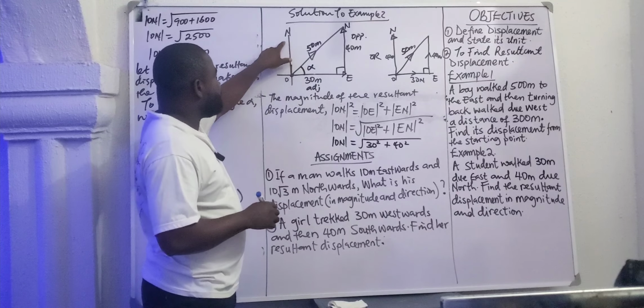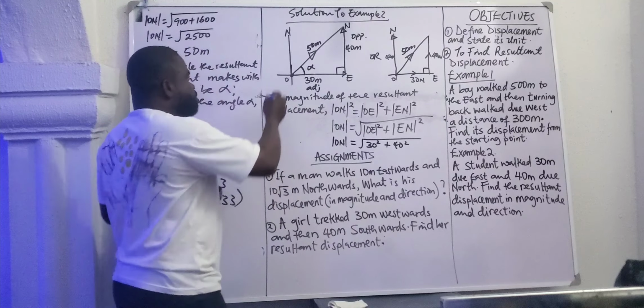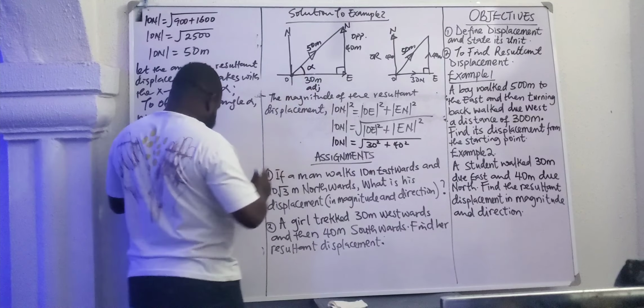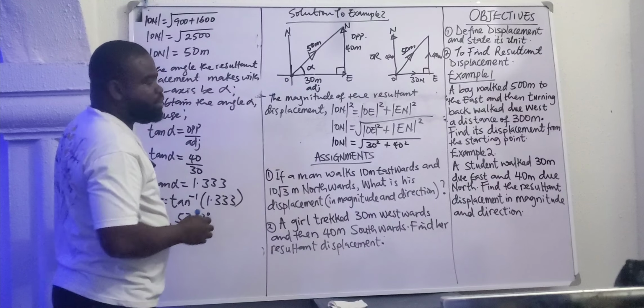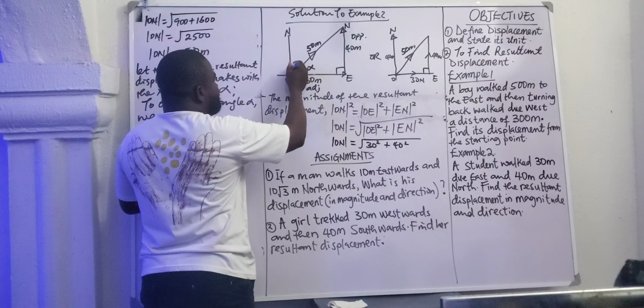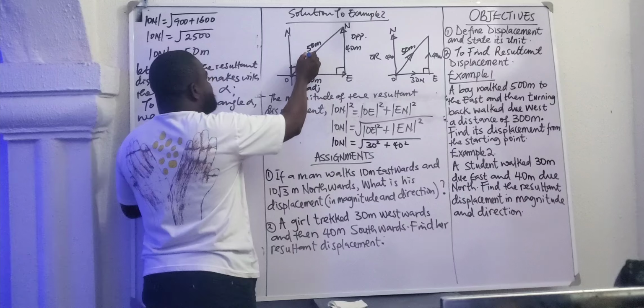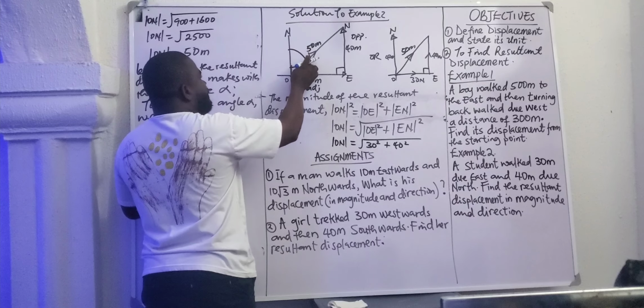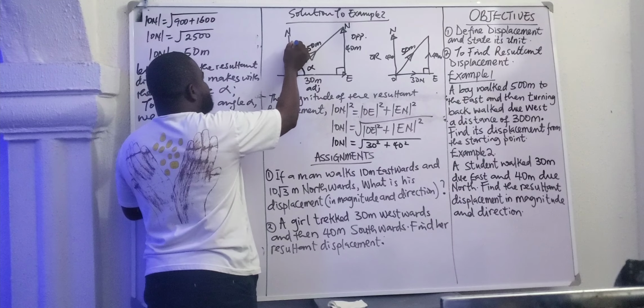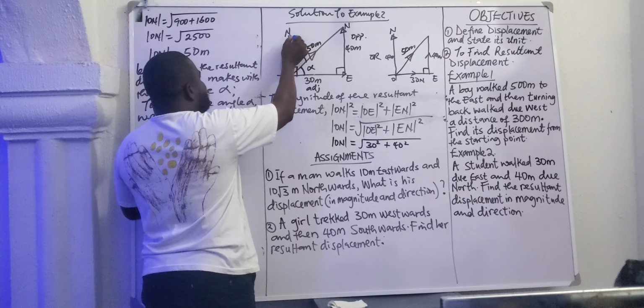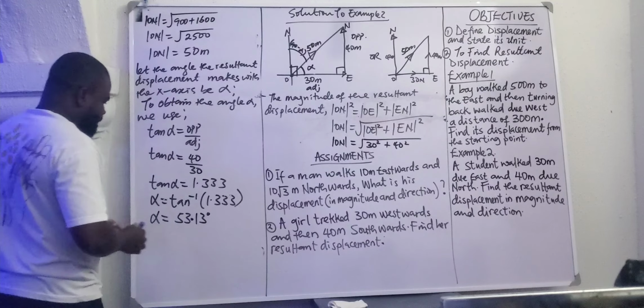I'm going to look for the angle with the north pole. From here to here, I've obtained 53.1. This is a right angle triangle, it's 90. So to get the angle between the north pole and this resultant line, this will be 90 minus alpha.